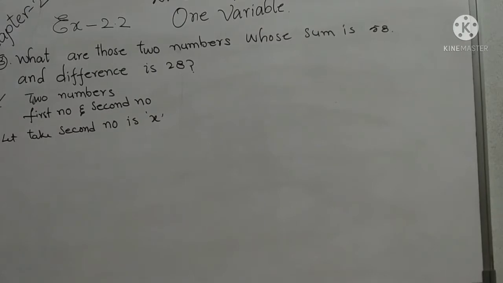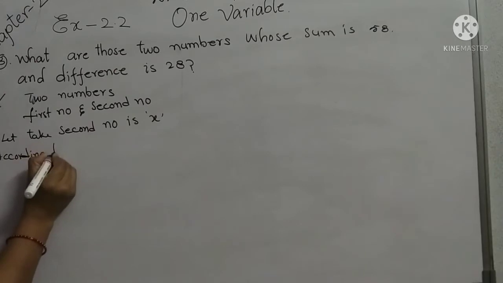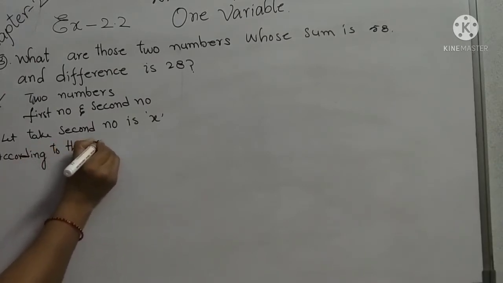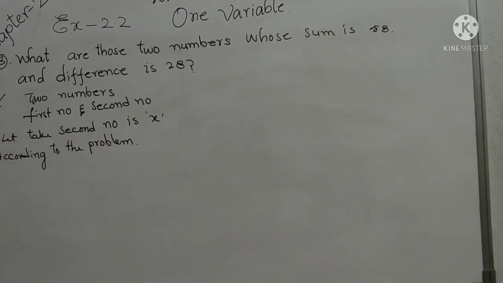So here observe the sum of the two numbers. According to the problem, the sum of the two numbers is 58. What are the two numbers? First number and second number.